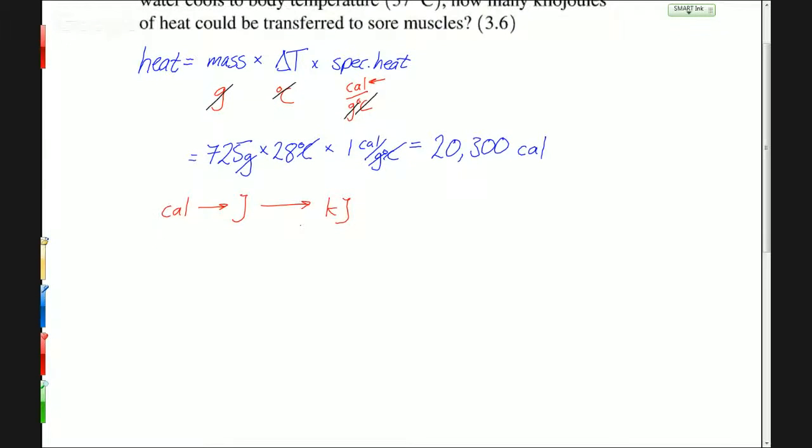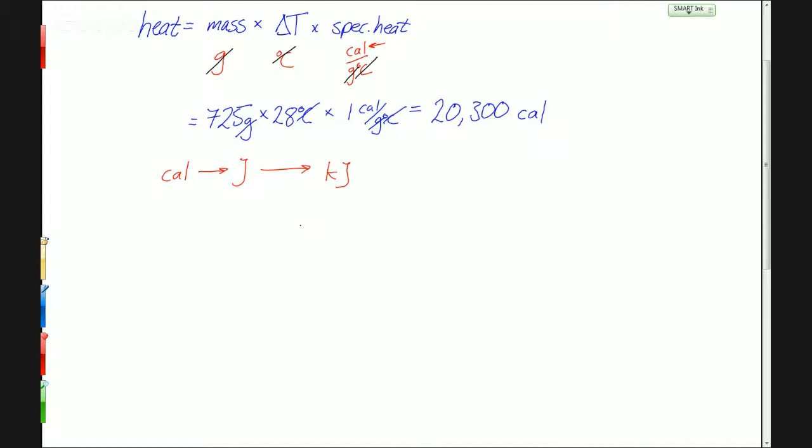All right, so if that conversion is set up, now we just need to do the calculation. So it's 20,300 calories. And then we're going to set up our units in 2 more fractions to cancel the unit we don't want and get the unit that we do want. So in the first case, we're going to cancel calories and turn it into joules, because that's what our little map above told us.